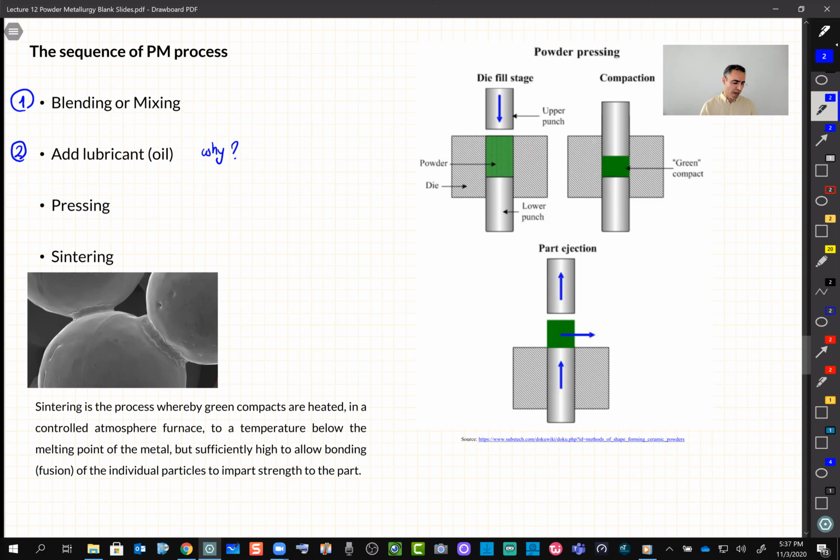As Ahmad pointed out, we add oil because we want the powder to flow easier when it goes into, let's say, a thinner wall or complex geometry. So we add oil for a better flow of powder into the mold.